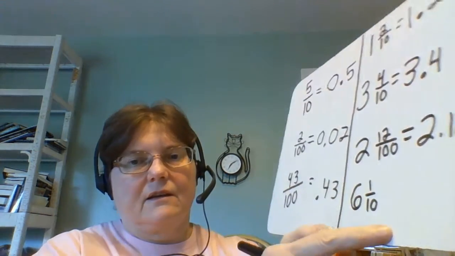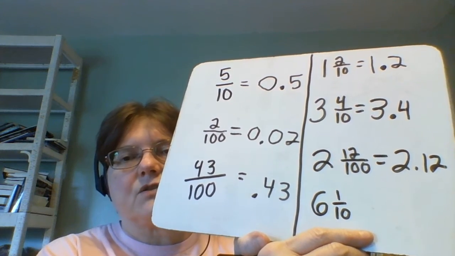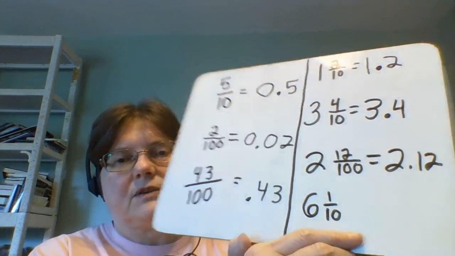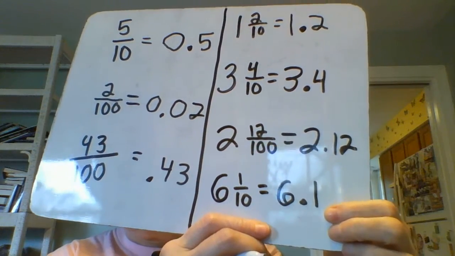What about 6 1/10? Well, there's no hundredths, so there's not going to be 2 spaces after the decimal. It's just going to be 6.1. 6 1/10, 6.1.